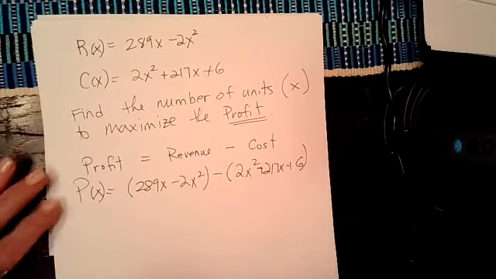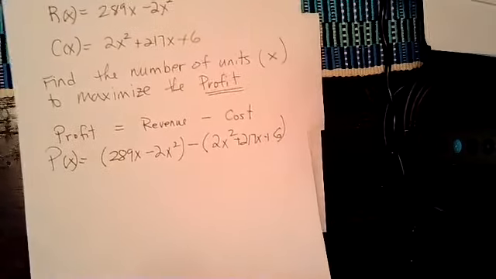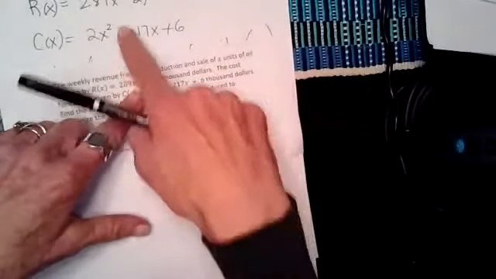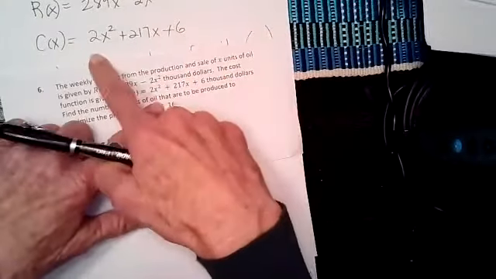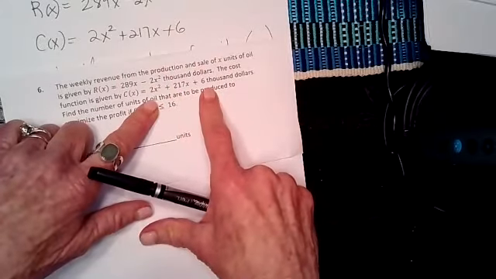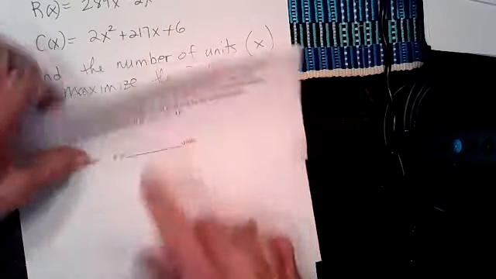And use your parentheses when you subtract, right? So let me make sure I have everything written down correctly. 289x minus 2x squared plus 217x plus 6. Yep. And 0 to 16.